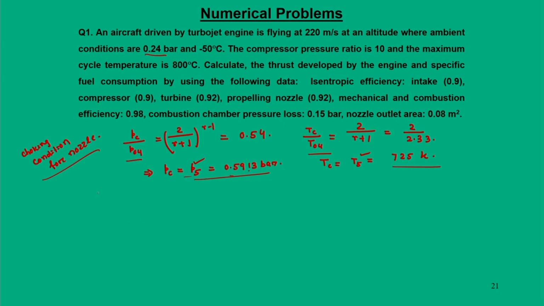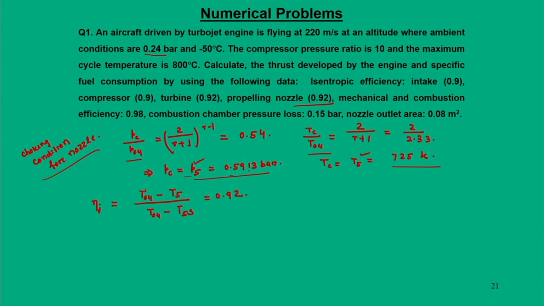Then we have to take the calculation for nozzle or jet pipe efficiency, that is 0.92. So efficiency you can write as T04 minus T5 divided by T04 minus T5s, and that is nothing but 0.92.